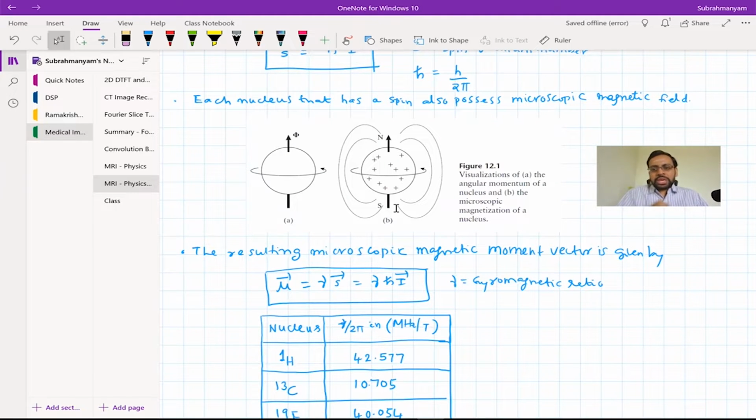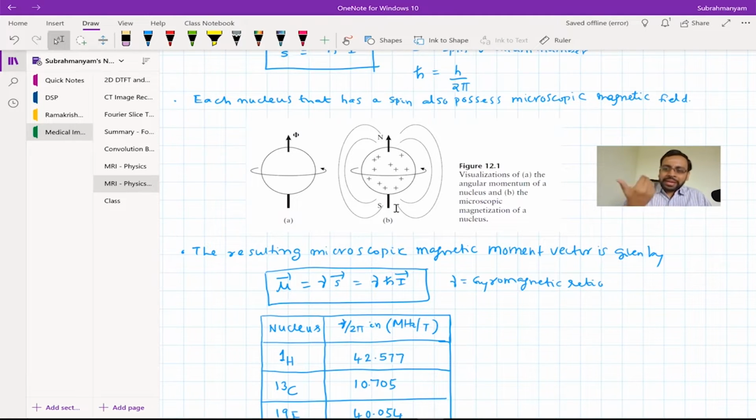If you take a sample, or a voxel volume of some size, there are millions and millions of atoms in it. All these will rotate in their own direction. So each one has its own north and south. Overall, we know from probability theory, there is no control here, there is only chaos.